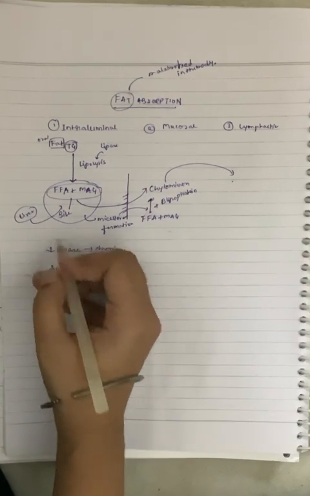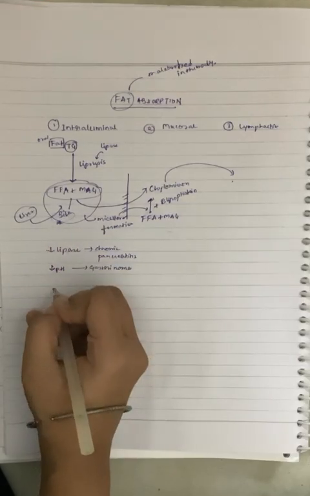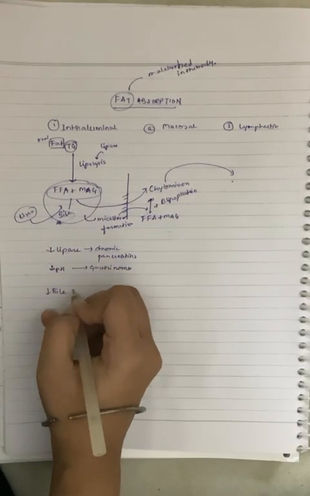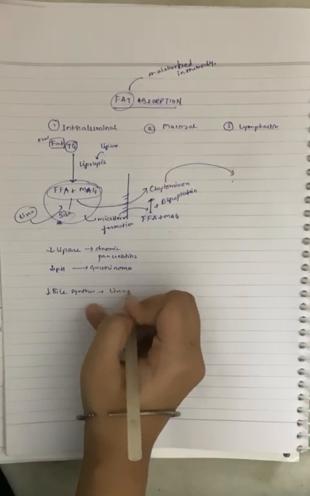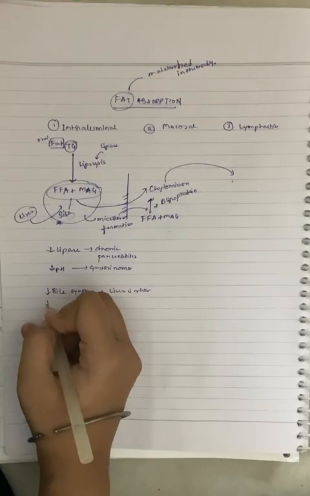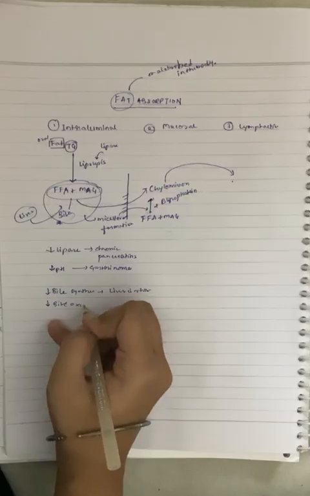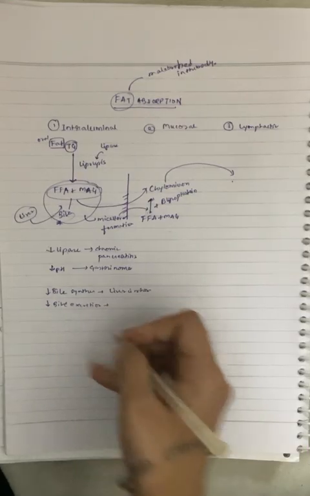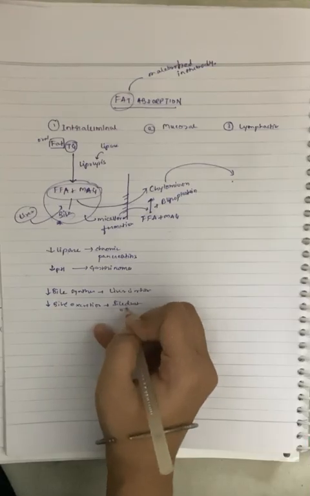Then the bile. This bile is a very important key factor. If there is decreased bile synthesis from the liver, like in liver cirrhosis, this carrier will not happen. If there is decreased bile excretion, it is not coming, for example bile duct obstruction.